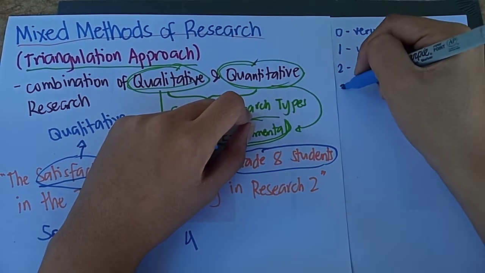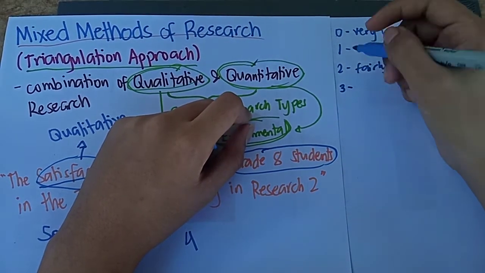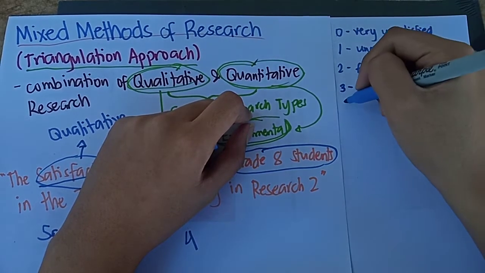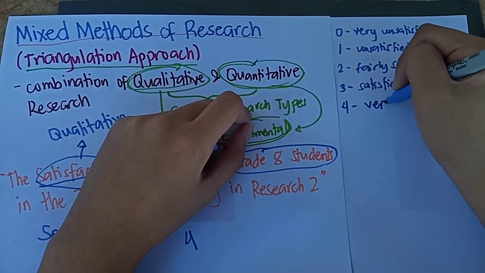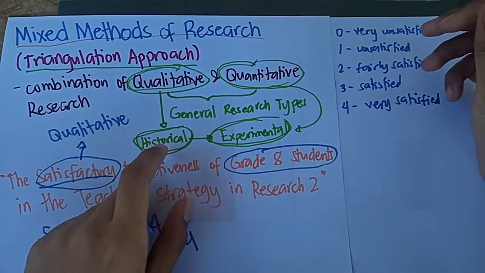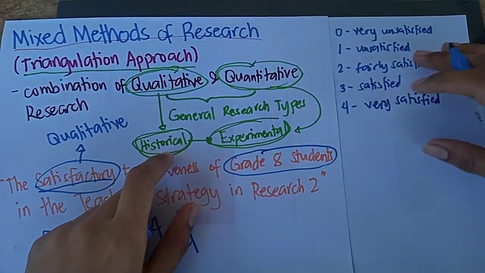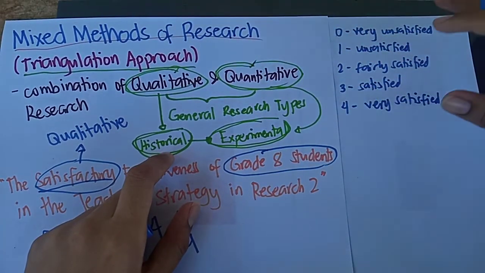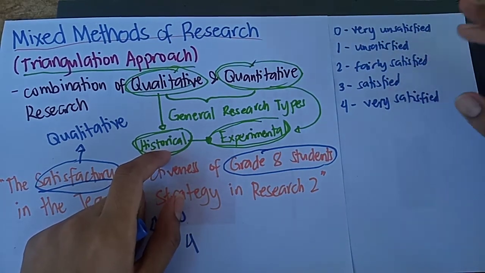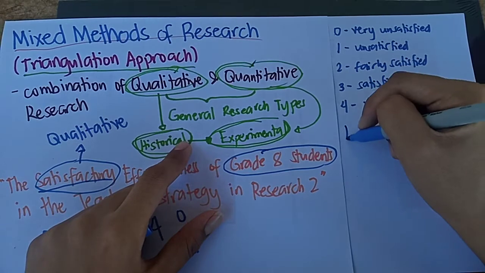Then 3, this can be satisfied. And number 4, this can be very satisfied. Okay? So this scale that measures the agreement and disagreement of the respondents will be known as the Likert scale.